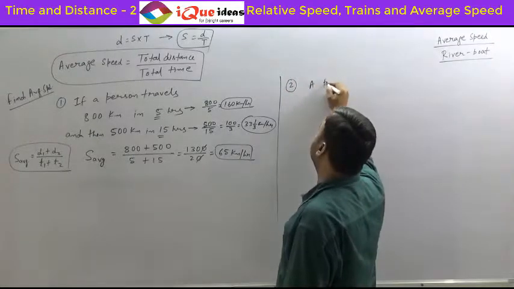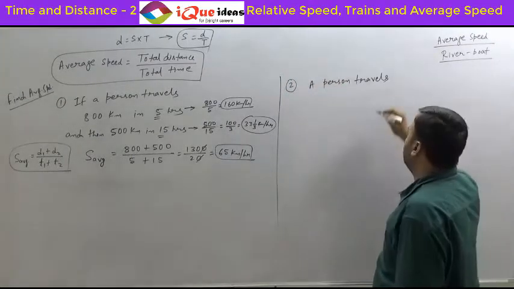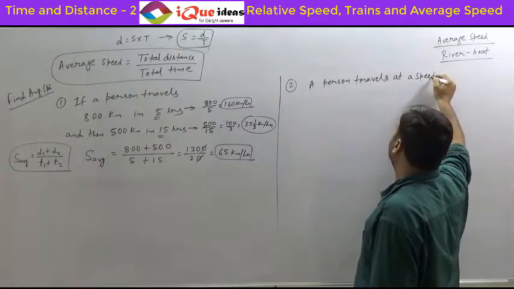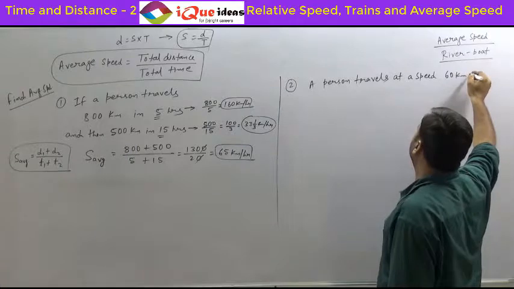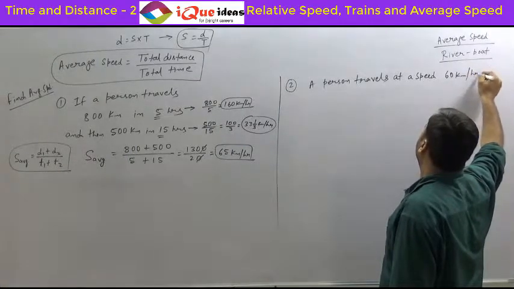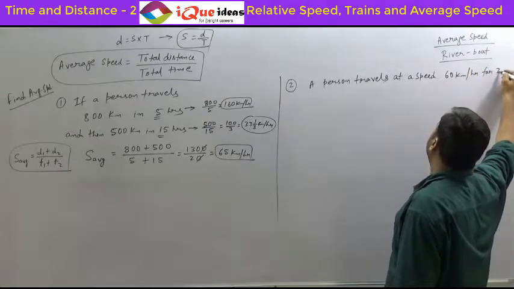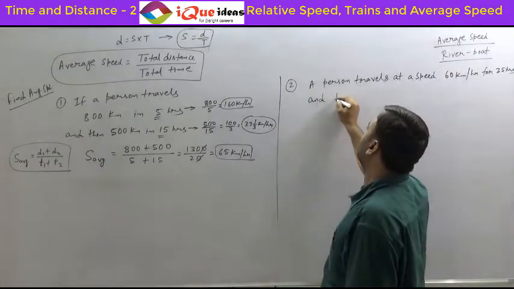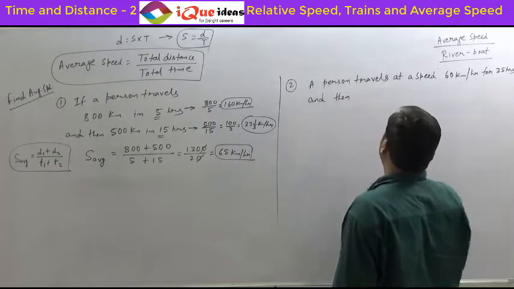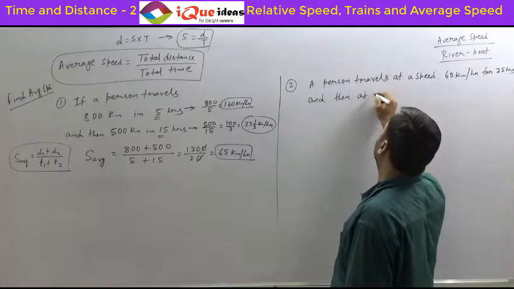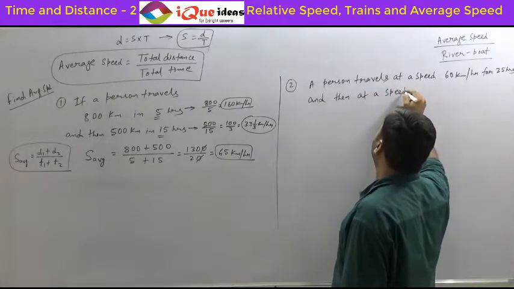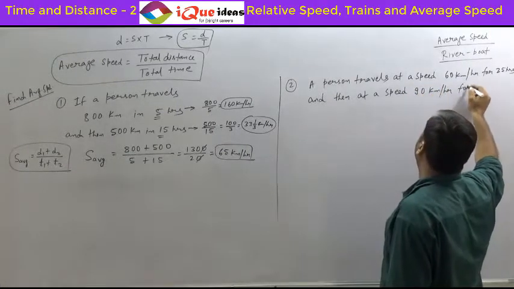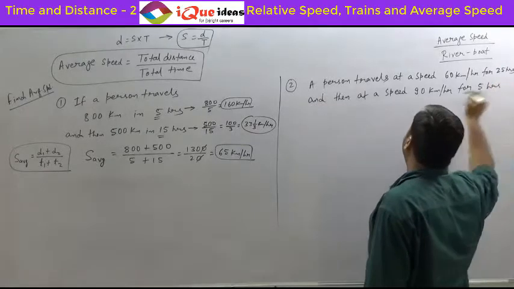A person travels at a speed of 60 kilometers per hour for 25 hours and then at a speed of 90 kilometers per hour for 5 hours. Find average speed.